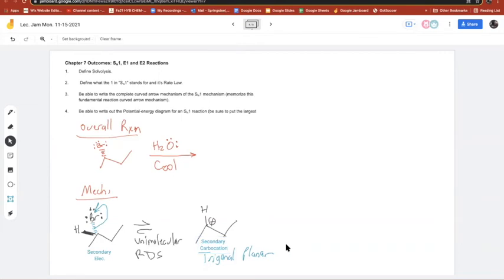We saw just before this that secondary carbocations are higher in energy than tertiary, but they're a reachable energy. They can be made, and it's trigonal planar. Also, this secondary electrophile initially, is it chiral or achiral? Chiral. So we start off with a chiral reactant.